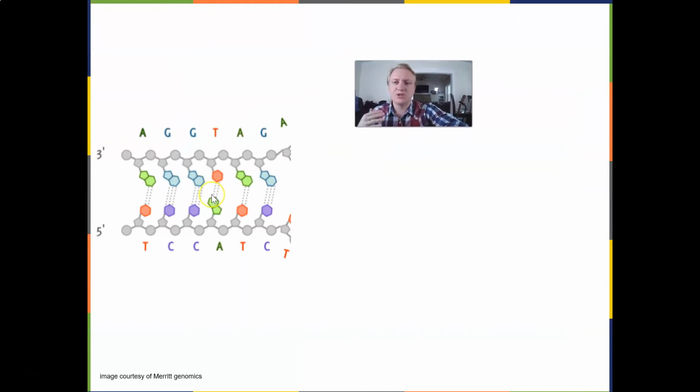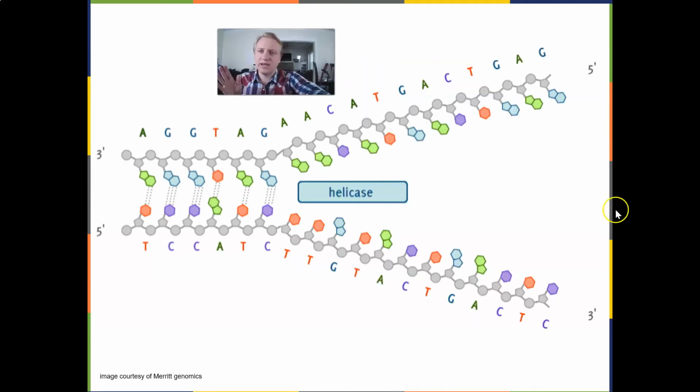Here's a little segment of DNA. Again, this should all look somewhat familiar to you by now. This is representing a phosphate here with the circle. This is your deoxyribose sugar. Here are your bases. The first enzyme involved here is helicase. Helicase is going to come in and break these hydrogen bonds.